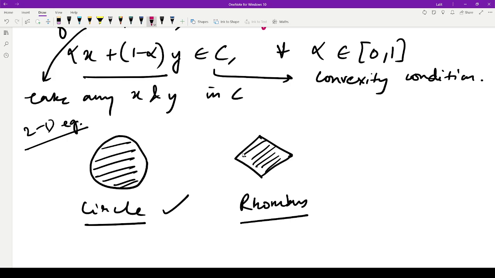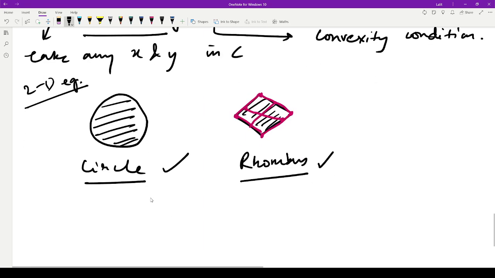If I take any points here and there, all points, this is convex, right? Take any 2 points, all the points lie within the set, right? This is also convex.